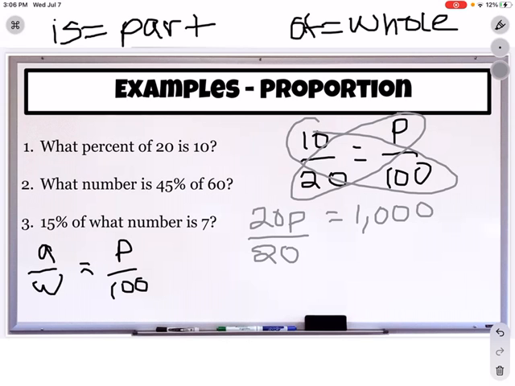So divide by 20. P equals 50 because 1,000 divided by 20 is 50. Don't forget to also put your percent sign when you're writing out your problem.